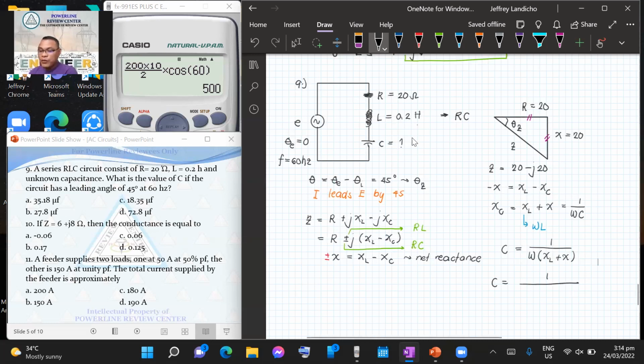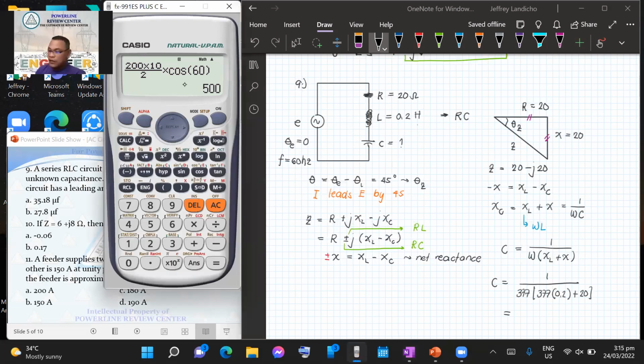Ano frequency? 60. 60 multiplied by 2 pi, that is 377. So meron tayong 377 multiplied, X sub L is omega ulit, 377, times the inductance, 0.2. Net reactance, i-add natin as 20. So meron na tayong capacitance needed. So ano lumabas?